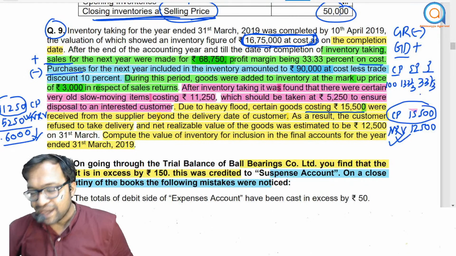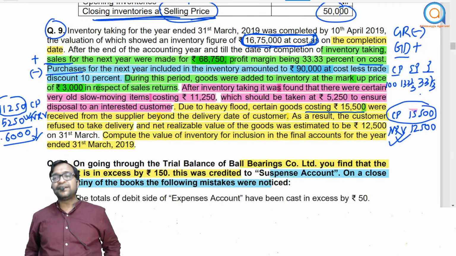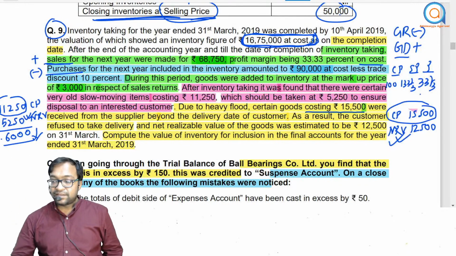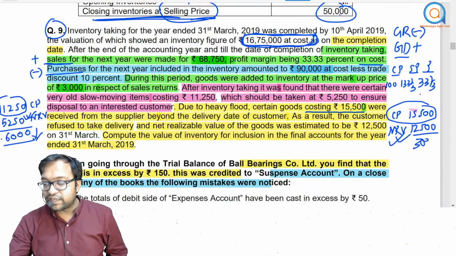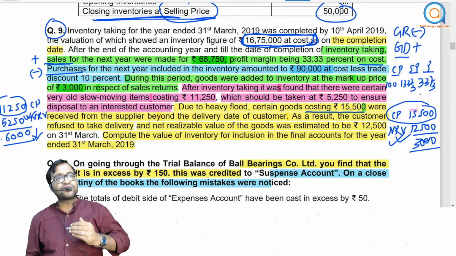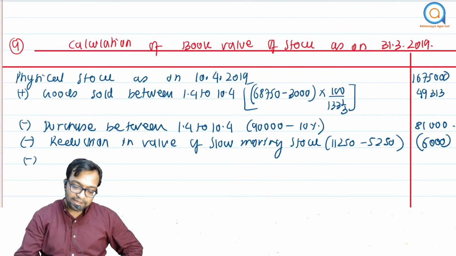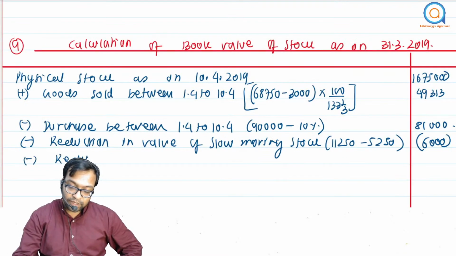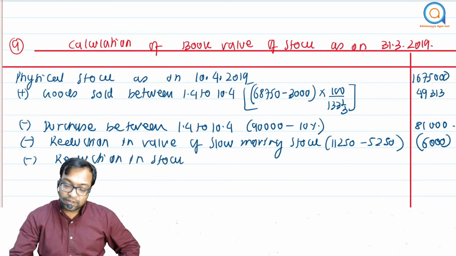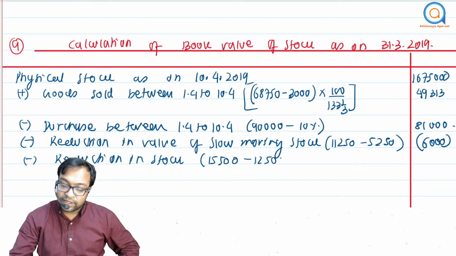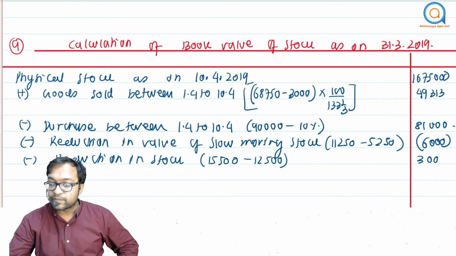But we should include only 12,500. That means 3,000 extra you have included. So you should reduce your stock by 3,000 to get the correct price. So less reduction in stock. 15,500 minus 12,500, so again, reduction is 3,000.